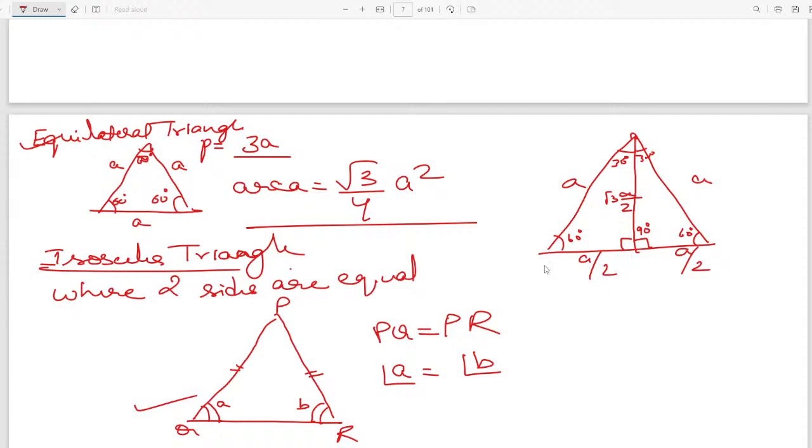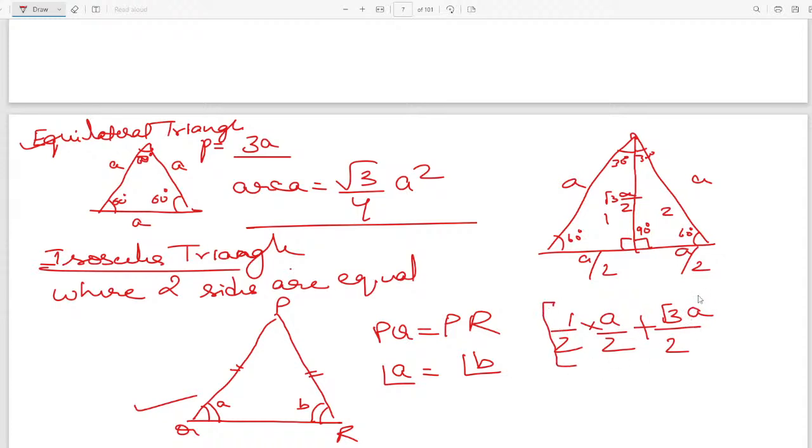So the area of this triangle, triangle 1 and triangle 2: the area of this triangle is half into A by 2 into root 3 by 2 into A. Here A by 2 and the other side are in the ratio 1 is to root 3.